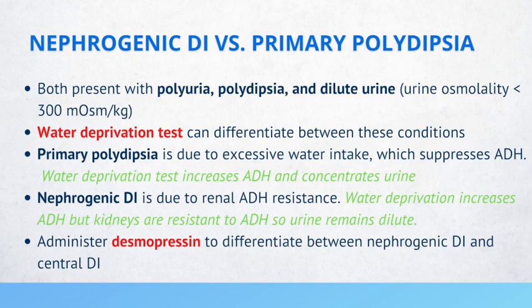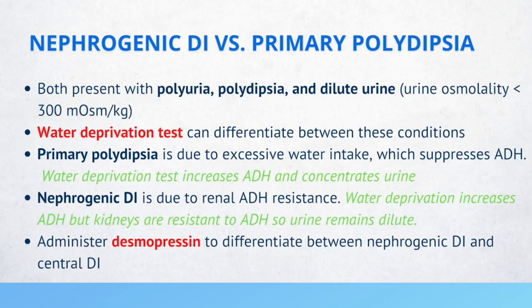So if you give this ADH analog to patients with nephrogenic diabetes insipidus, the urine will still remain dilute because, like I said, in nephrogenic diabetes insipidus, the issue, as in the name, is nephrogenic. Something is wrong with the kidneys. It's not detecting or responding to the ADH that is in the system. So giving the desmopressin analog will change nothing really for these patients.